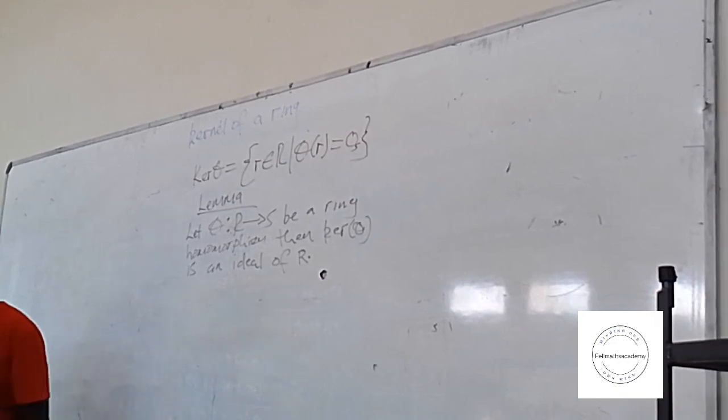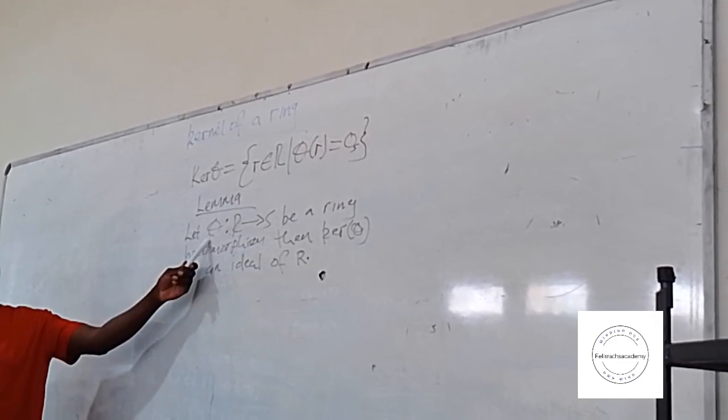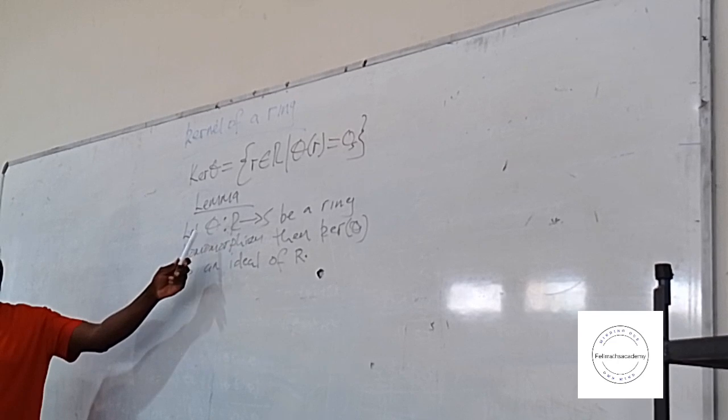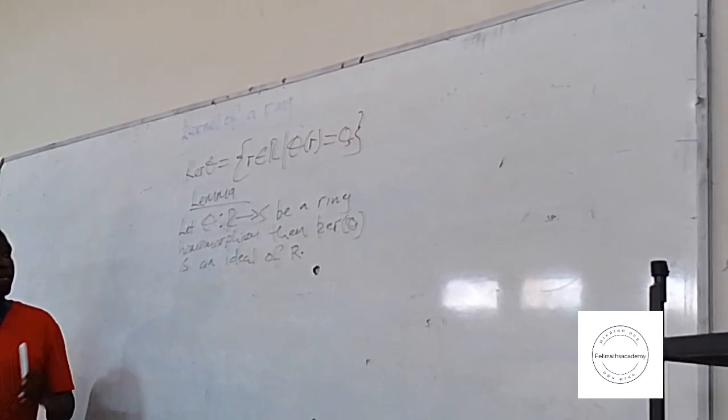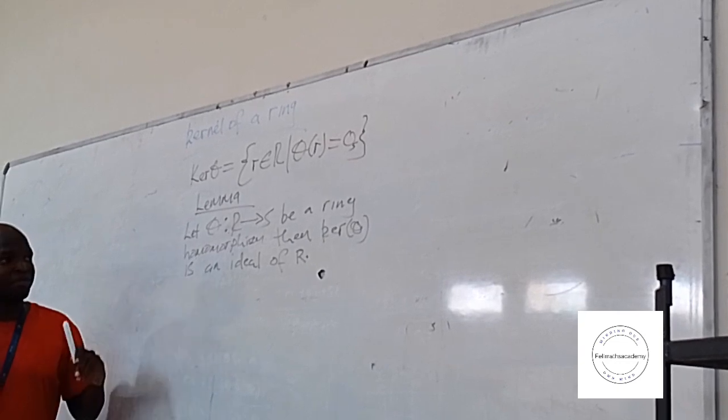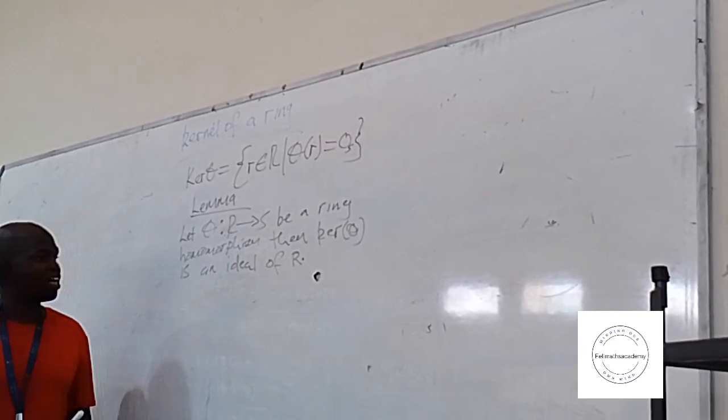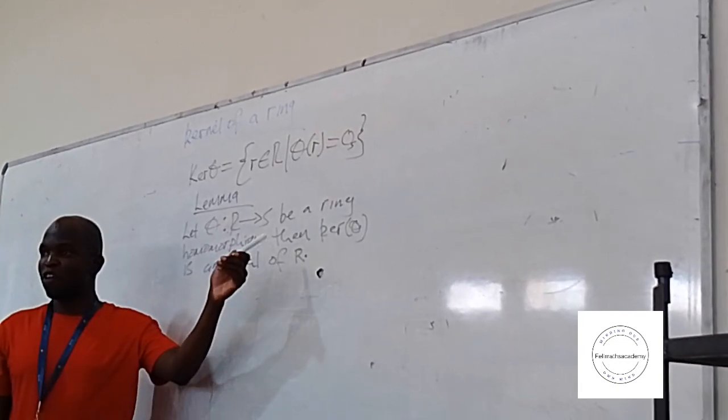We want to prove that if theta, from R to S, is a ring homomorphism, then the kernel of theta is an ideal of R.